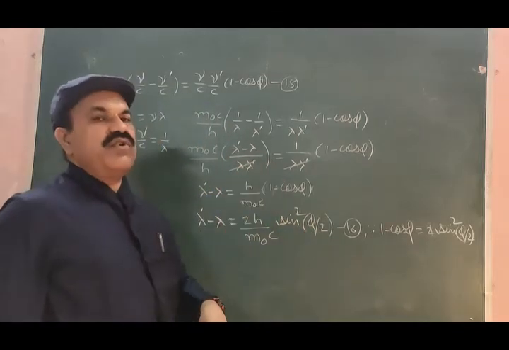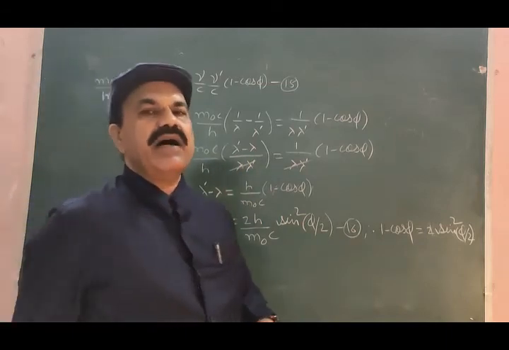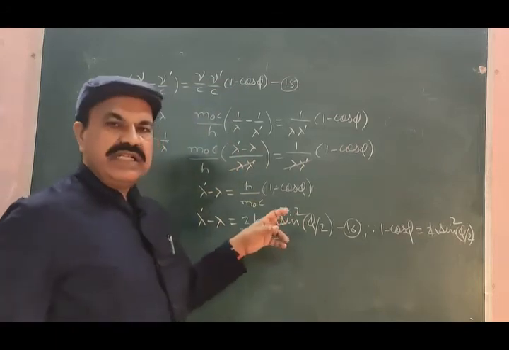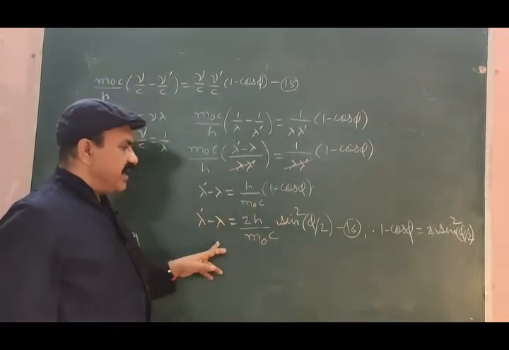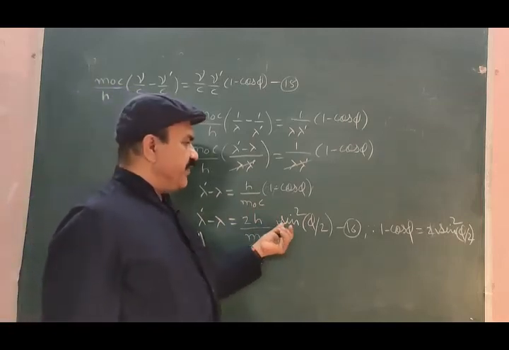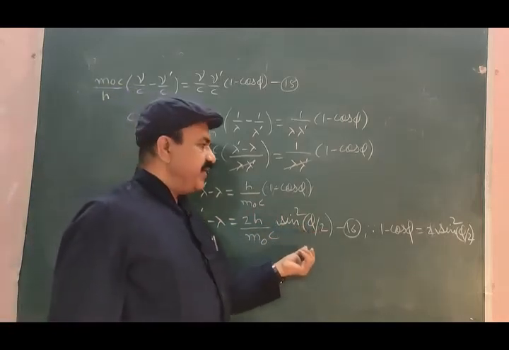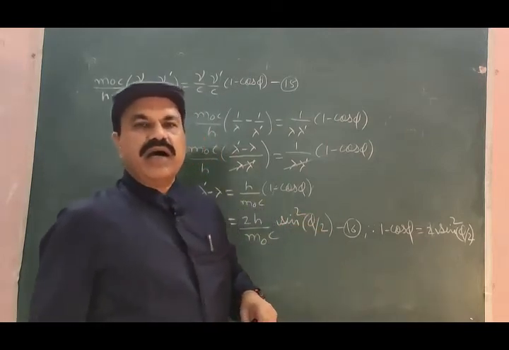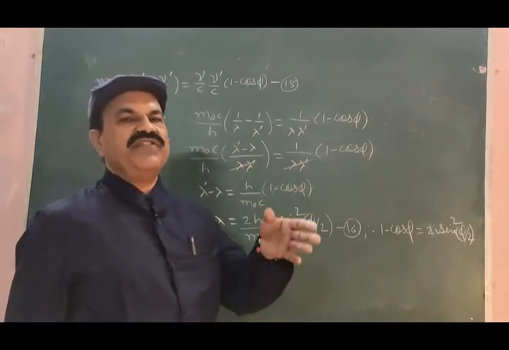This equation was derived by Arthur H. Compton. This equation, lambda dash minus lambda is equal to 2h divided by m0 c into sin square phi by 2, is derived by Arthur H. Compton, the physicist.